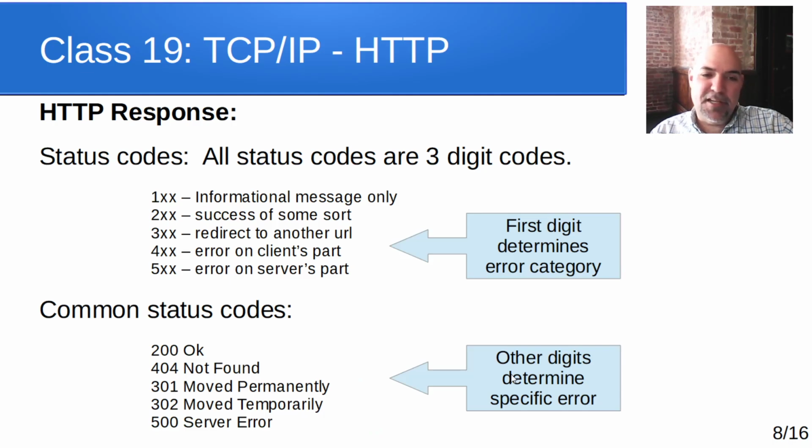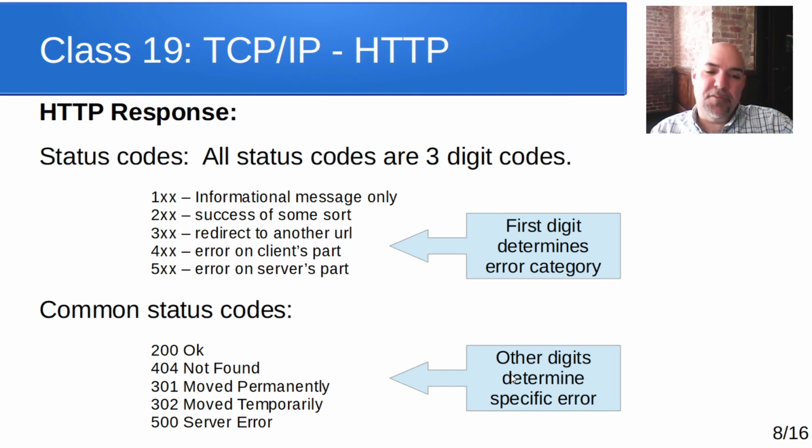Okay, now the status codes themselves, they're all 3-digit codes, and they look like this. The first digit indicates the classification or category of the error. So 1XX is an informational message, 2 is a success, 3 is a redirect to another URL, 4 is some sort of error on behalf of the client's request, a 5 is an error on behalf of the server.